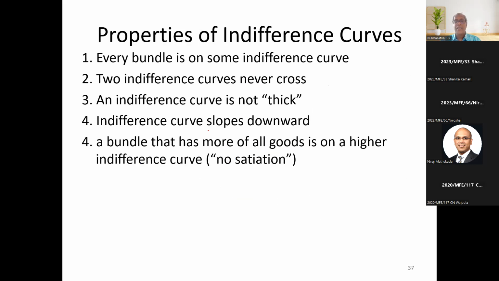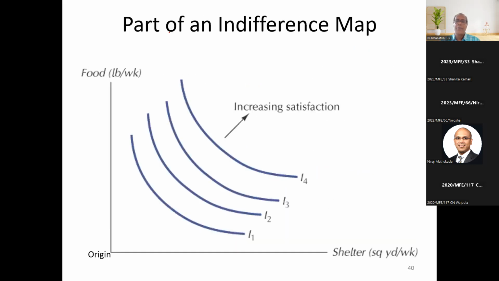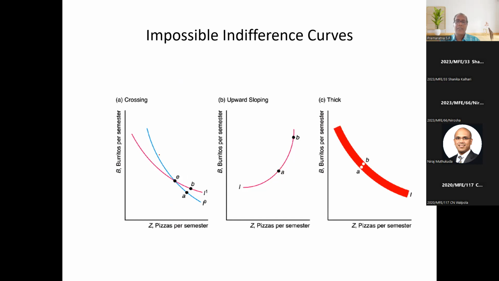Those things we discussed. We also discussed the properties of indifference curves last time. The main property we discussed is that indifference curves never cross. Here you have to understand that this holds for the same person, at the same time, with the same goods. For a different person, because their preferences differ, it could be like that.